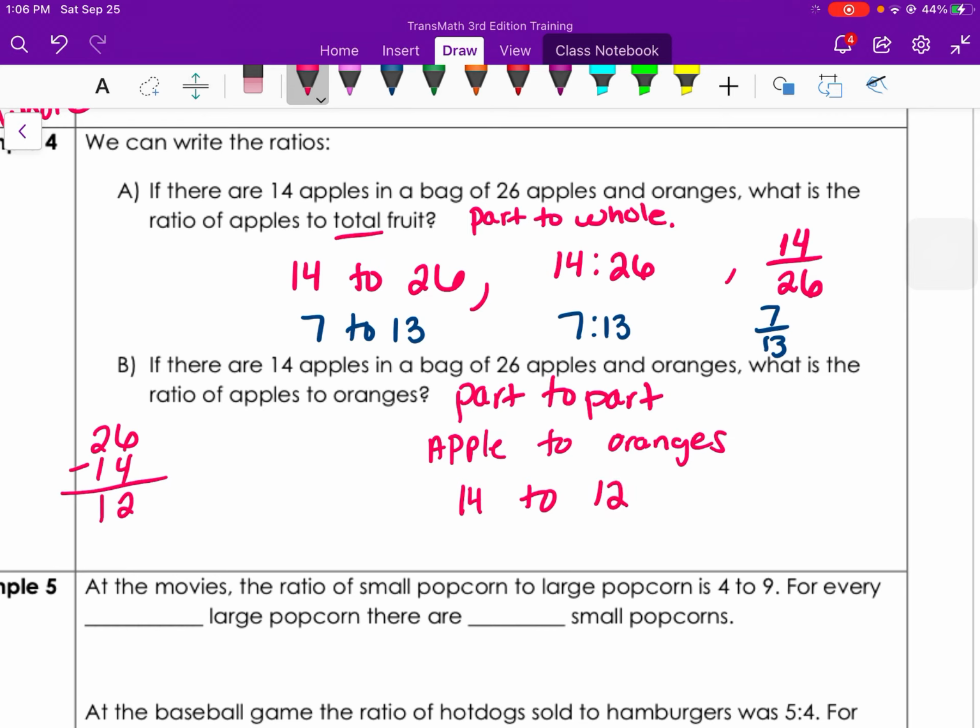So it's a 14 to 12 relationship. That does reduce to a 7 to 6 ratio, because 14 and 12 can both be divided by 2, so we can reduce that ratio as well.